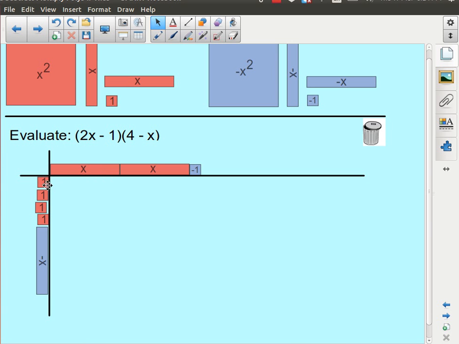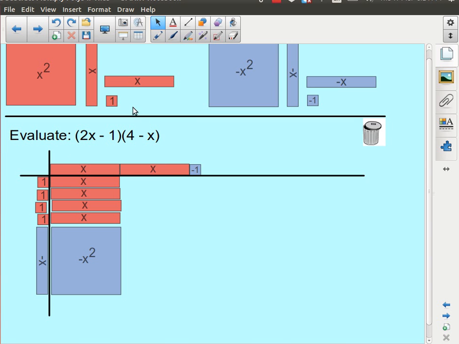But we have to follow our rules, which is we've got a long side x and a short side on the 1, so that's red and red gives me another red. So that's going to give an x, and an x. Long side to long side, short side to short side. Now I have a long side to long side. Well, that's going to be one of the big squares. But it's red and it's blue, so that means it's going to be one of the big squares in blue.